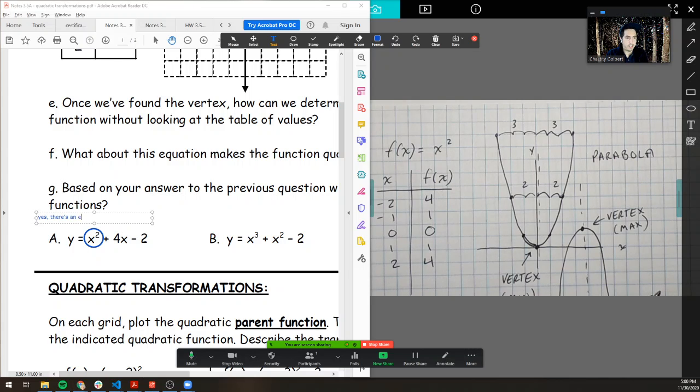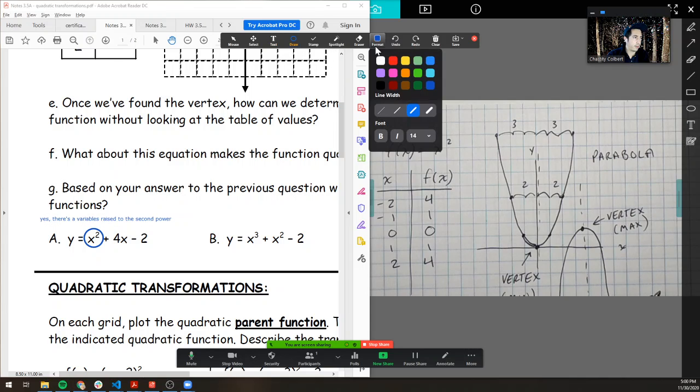There's a variable raised to the second power. That's the only thing raised to the second power. This is technically a quadratic trinomial, but yes, that is definitely a quadratic.